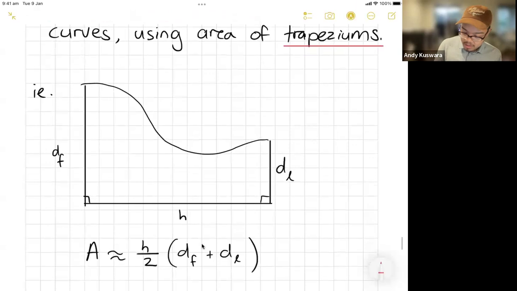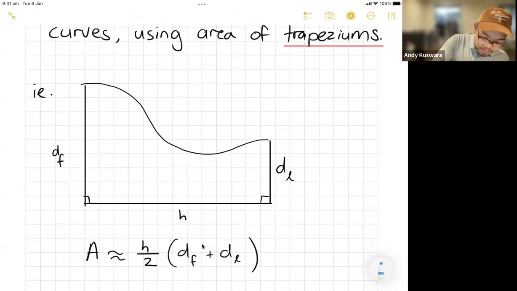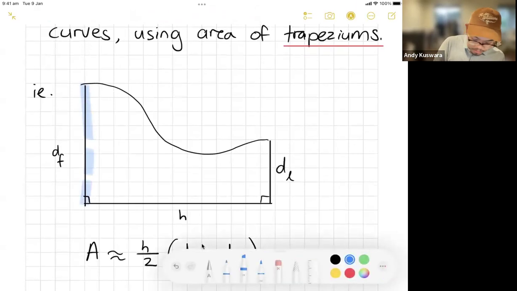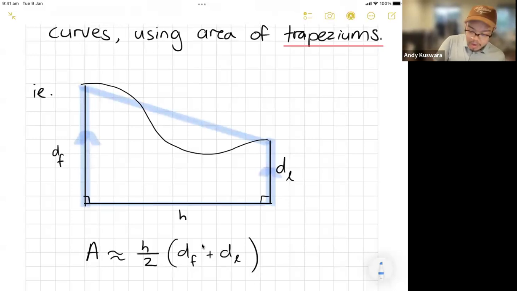Can you see that, for example, there's this little curve section, and if I draw a highlight like this, there is technically a trapezium, because I've got my two parallel sides and a height in between. That's my trapezium. It gives us an approximate area. It's not very close, but it's an approximation nonetheless.